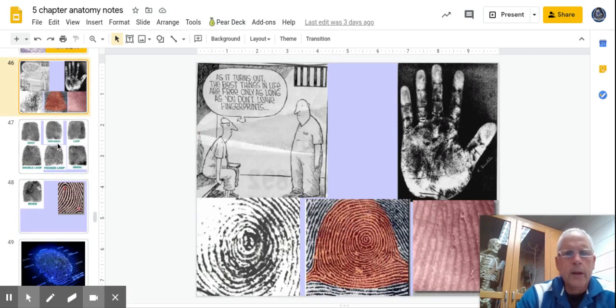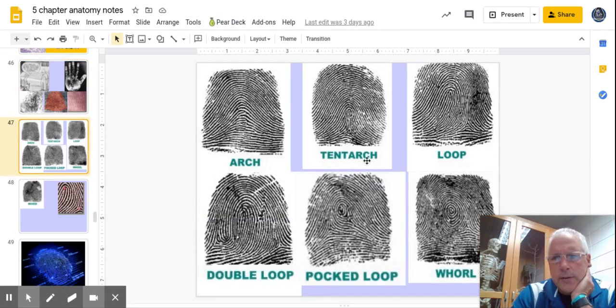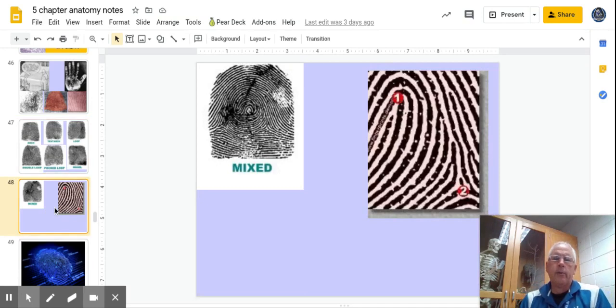I'll show you that in a minute. But we have arches, tented arches, which are a little steeper, loops where it spins and loops around on top of each other, a double loop, a pocked loop, a whorl, and then a lot of people have a combination, what we call mixed.